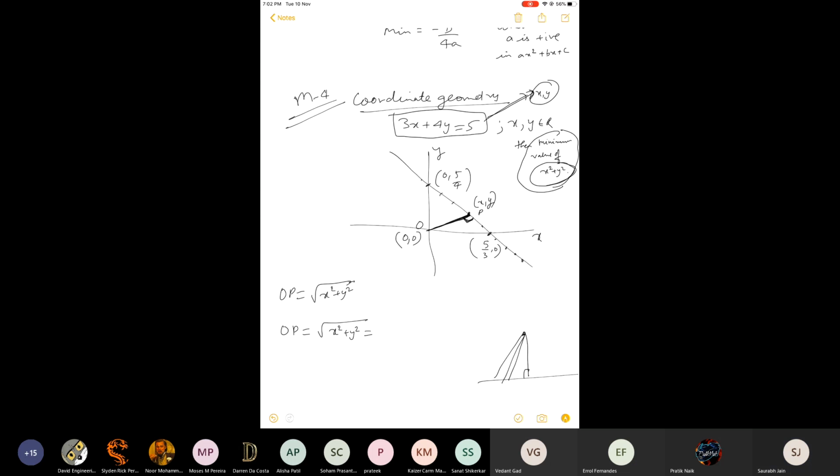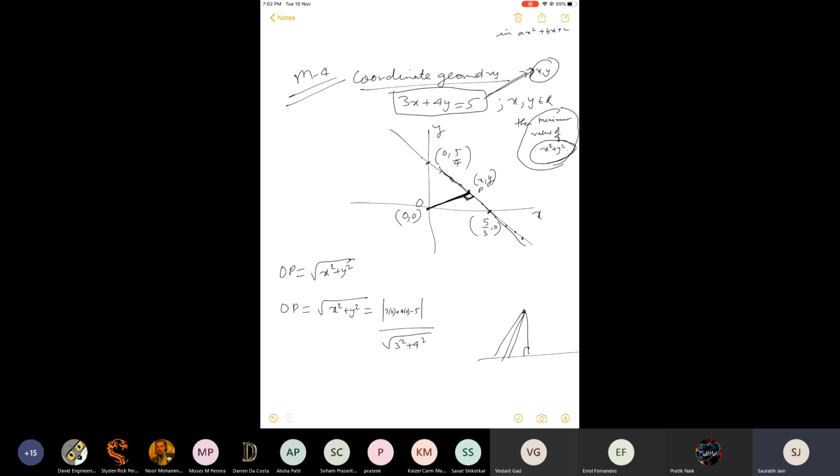And now I will find this distance OP by using the formula of perpendicular distance of a line from a point, which is OP itself, and the point is 0 0. So what will be the formula? A into x1 plus b into y1 plus c upon under root a square plus b square. What have I done here? I am finding the distance of the point 0 0 from the line 3x plus 4y minus 5 equal to 0 using the formula.